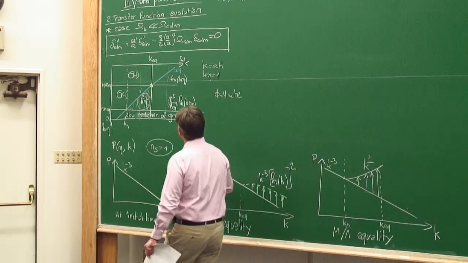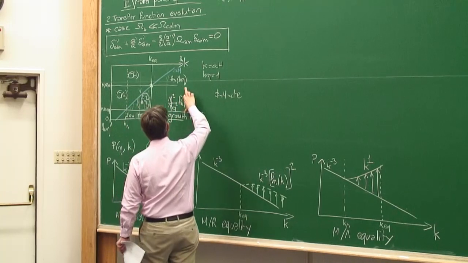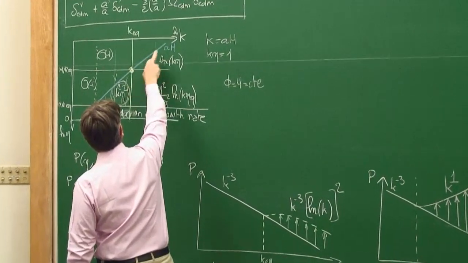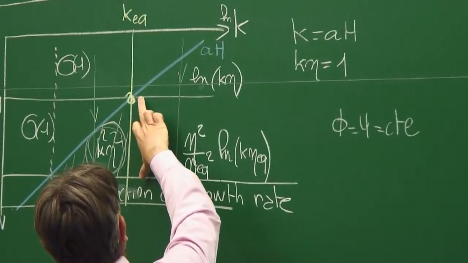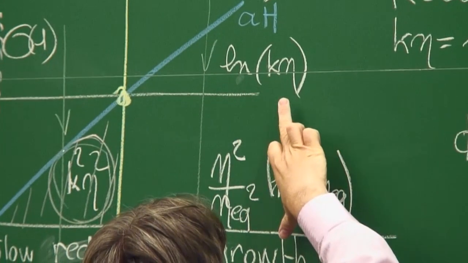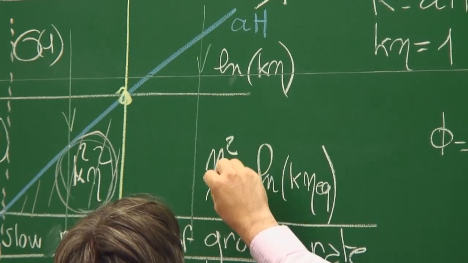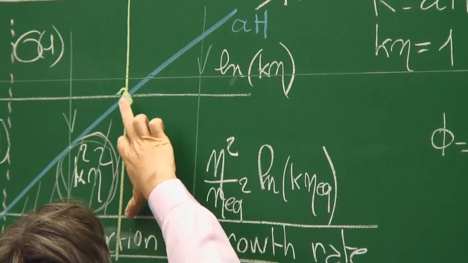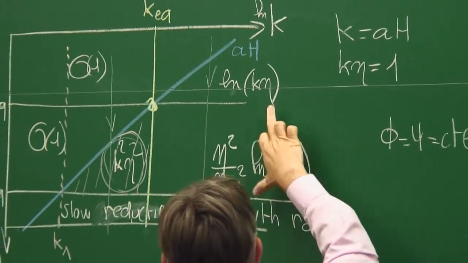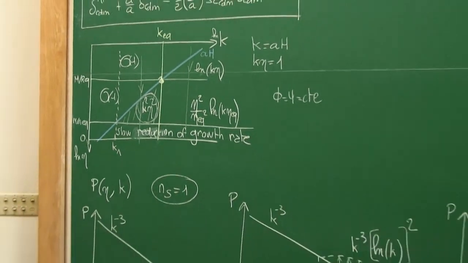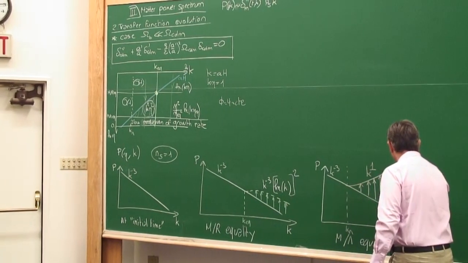Let's look now at those modes which entered before the time of equality. In the matter-dominated regime, they all grew by the same amount, which is equal to eta squared divided by eta equality squared. They spend the same time inside this region. So this is the amount of growth here during matter domination.